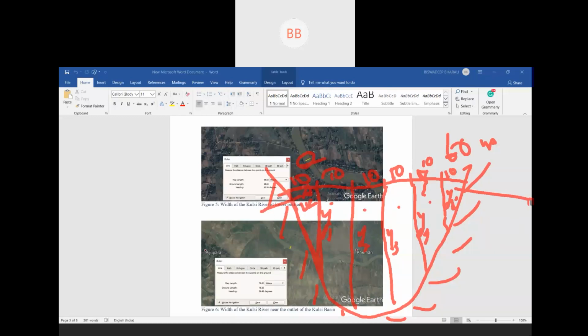Suppose this is area 1, area 2, area 3, area 4, area 5, and area 6, and so on. We find out the area, and then velocity.